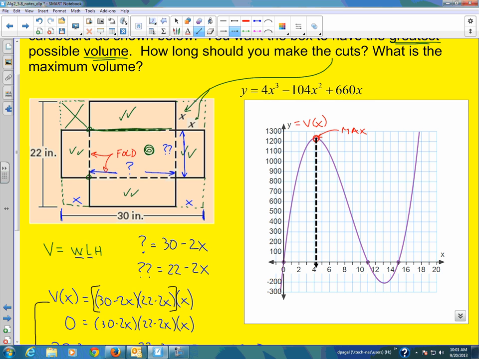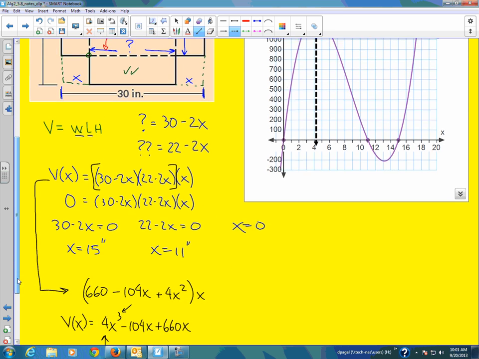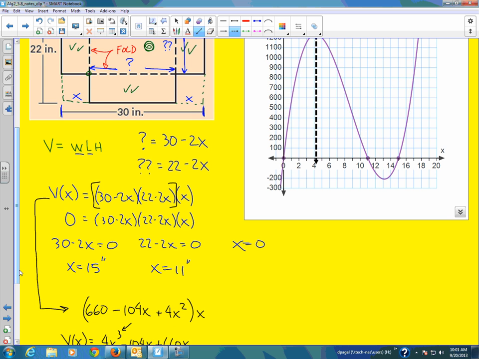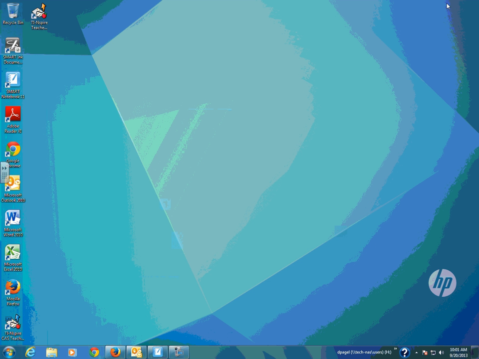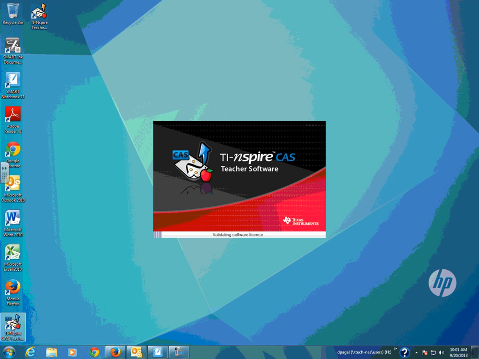We're going to actually come up with the real value through the use of the graphing calculator. So here we go. Let's minimize this for a second. Let's get a graphing calculator up here. And we're going to put this equation in, and we're going to use the graphing calculator feature that allows me to find our maximums. And that will then tell us what our value is going to be.